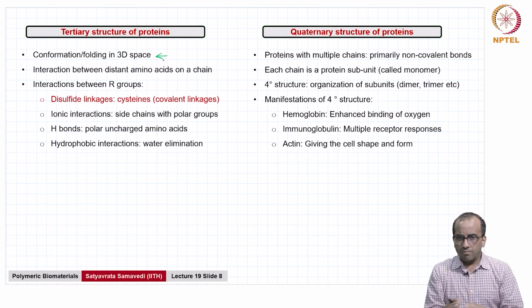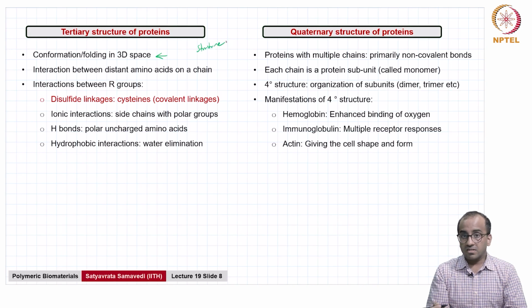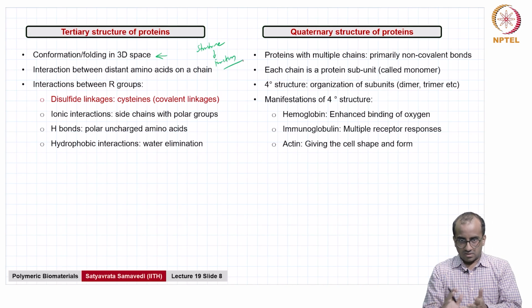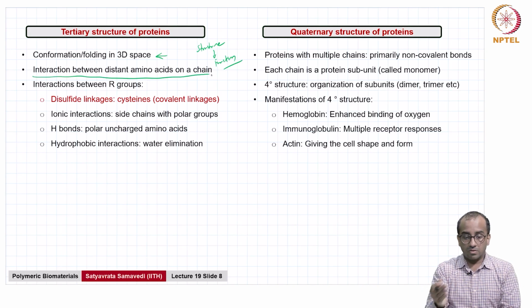Now, there is also a very important reason why the protein folds. In many cases, protein folding, or the conformation in 3D, is what determines the function of the protein. So, here is a direct link between structure, and when I say structure here, I mean the conformation of the protein in 3D, to the function of the protein. And this folding is largely governed by interactions between distant amino acids on a chain.